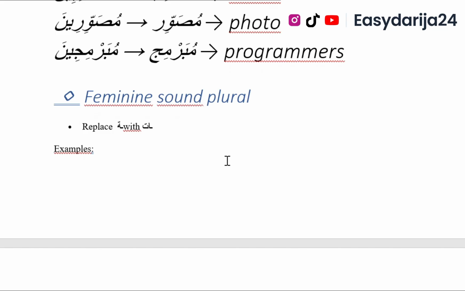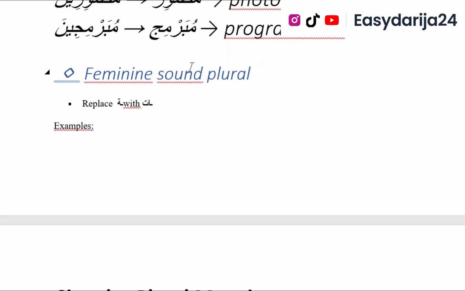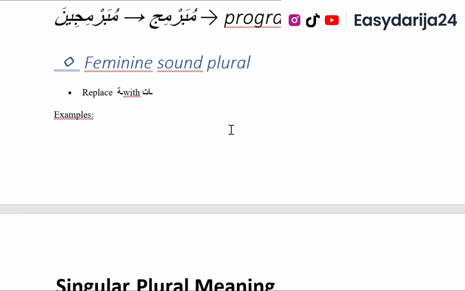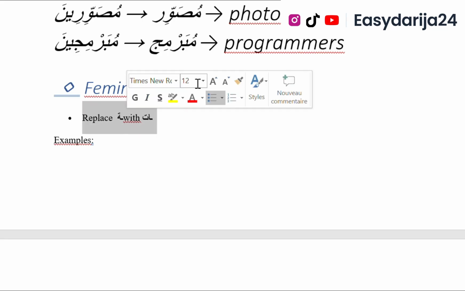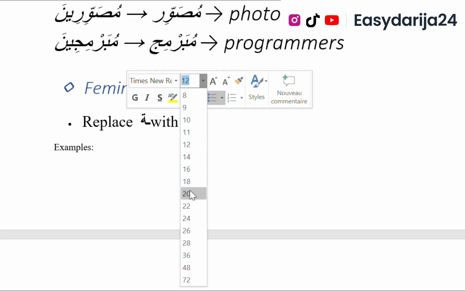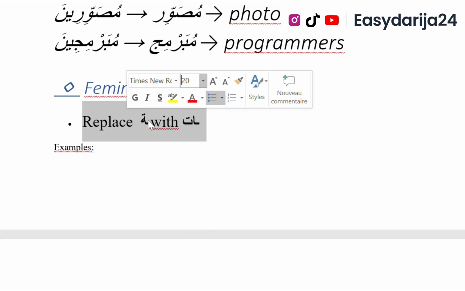So that's for the masculine plural. So let's talk about the feminine sound plural. If we have a feminine noun, the plural suffix will be different.